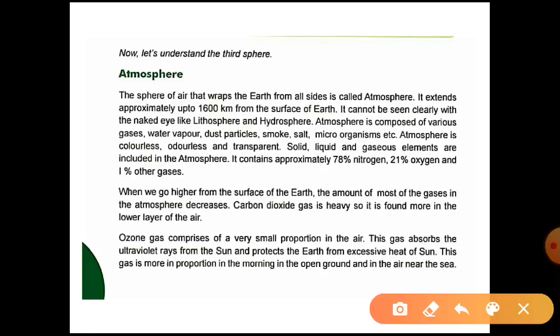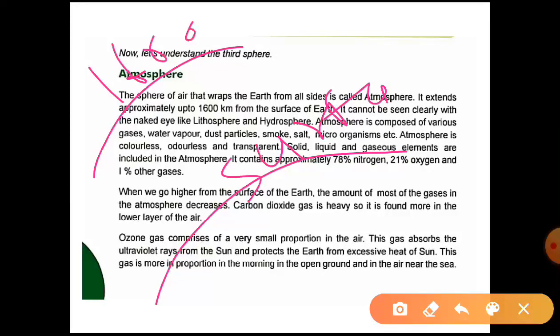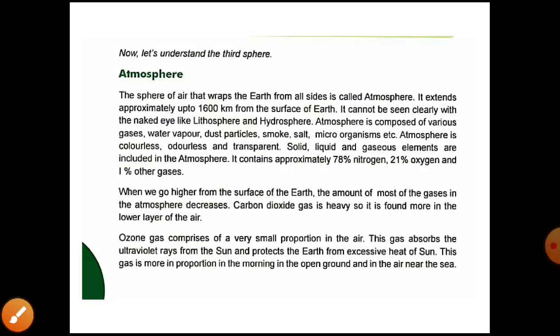It cannot be seen clearly with the naked eye like the lithosphere and hydrosphere. Hydrosphere and lithosphere we can see, but the atmosphere we are not able to see. We can just experience it.